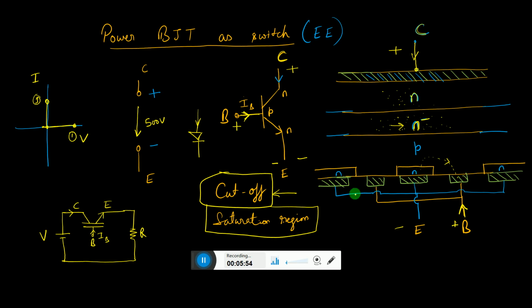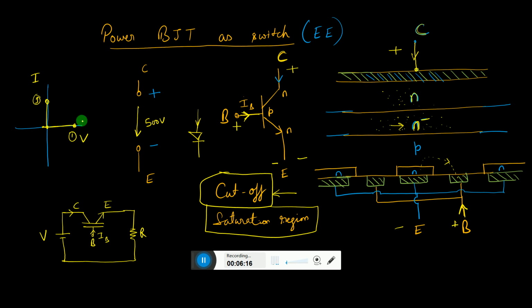All these are added together to form E. So you have collector, emitter and base, all three together. This N minus layer is lightly doped, and that is the reason it can sustain high voltage across the collector and emitter.